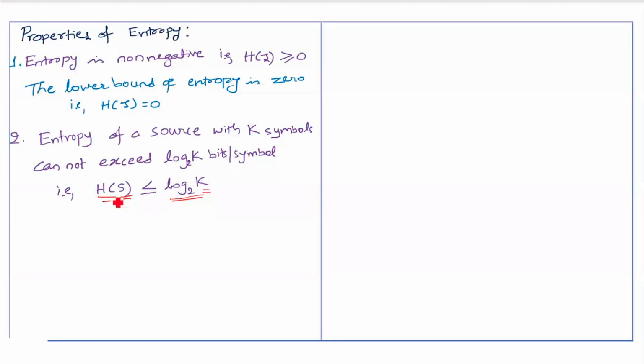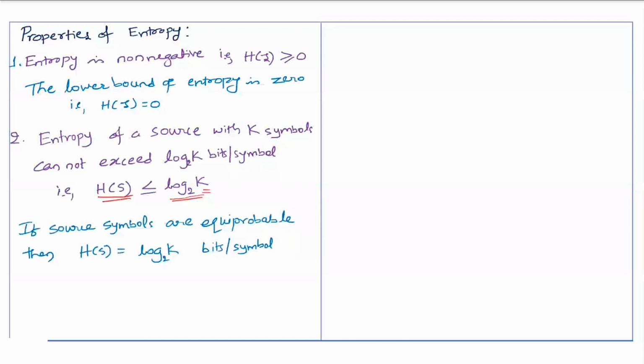H of s cannot exceed log k to the base 2. If the source symbols are equiprobable, then H of s equals log k to the base 2. This itself is the maximum value.